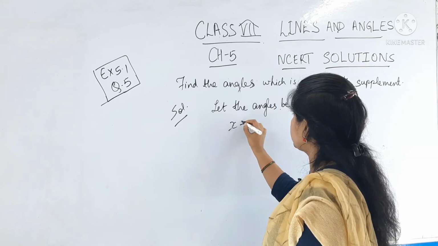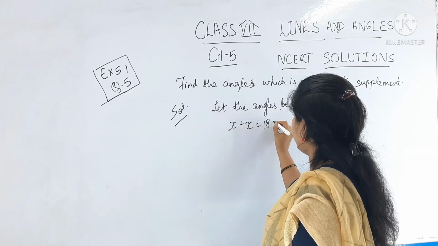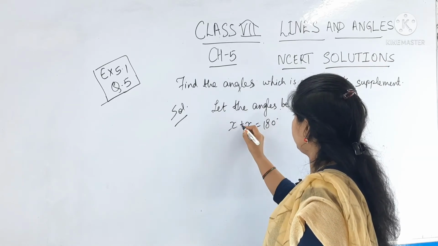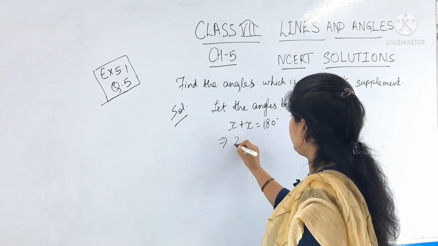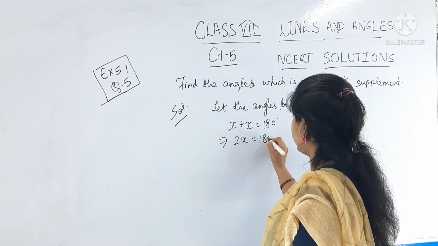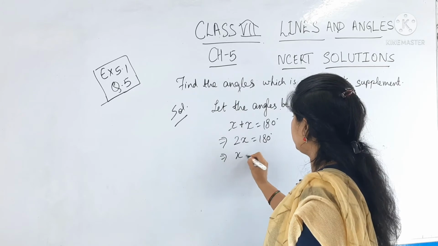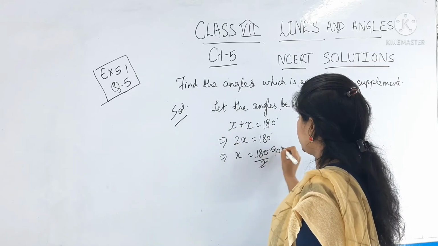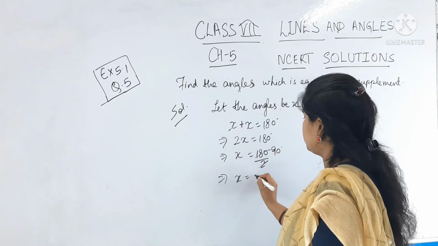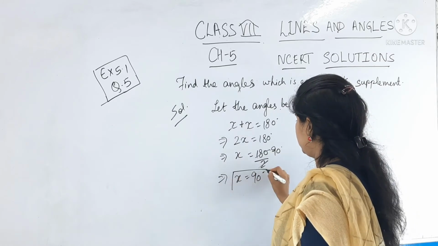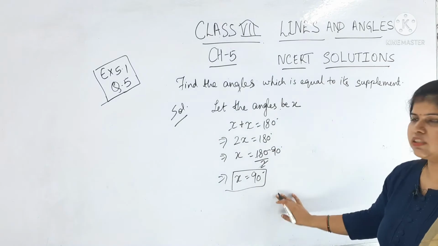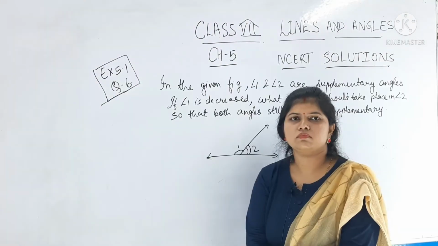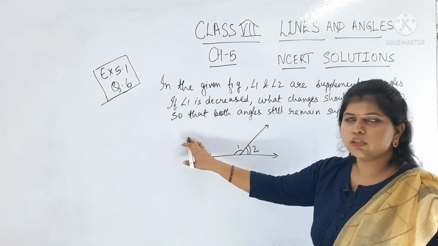Then x plus x is equal to 180 degrees, so 2x equals 180 degrees, and x equals 180 divided by 2, that is 90 degrees. So the measure is 90 degrees each. That is question number 5.